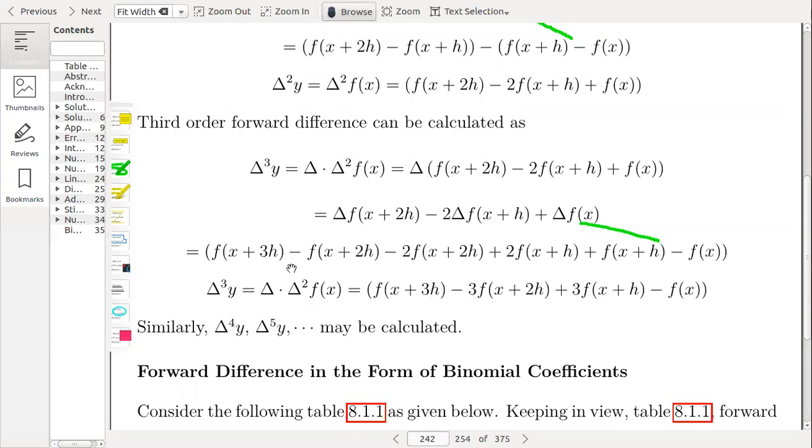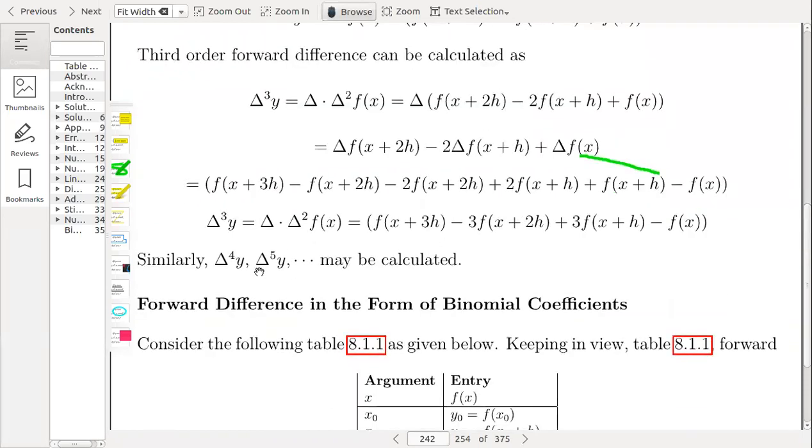So we can write delta cube f of x is equal to f of x plus 3h minus 3 f of x plus 2h plus 3 f of x plus h minus f of x. Similarly, delta 4y, delta 5y, and so on can be calculated.